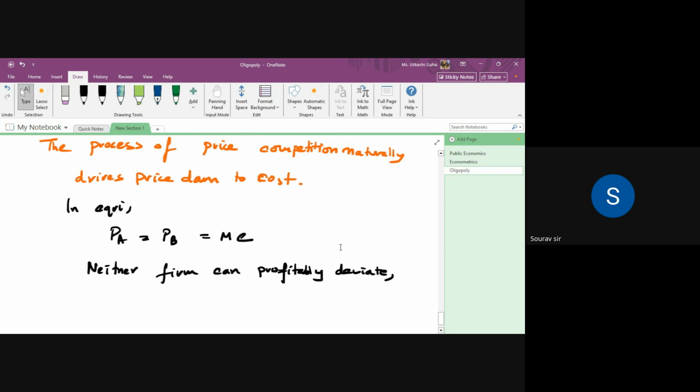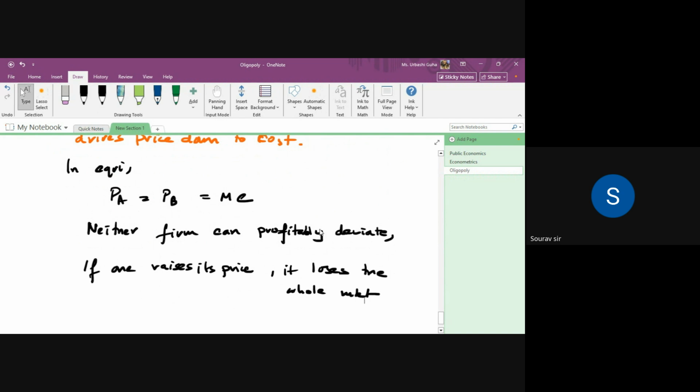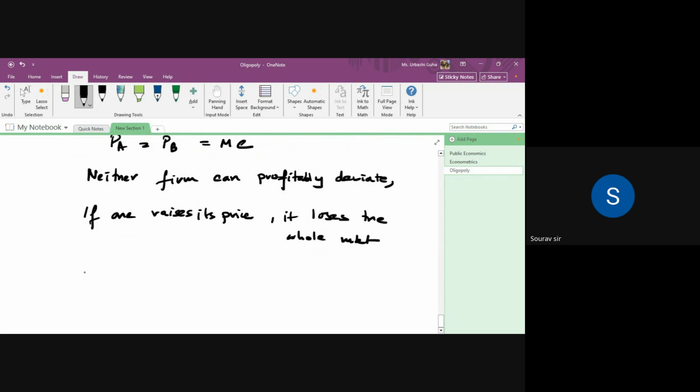Suppose one raises its price, then it loses the whole market. Very common. And if one lowers the price, then it incurs a loss when? If the price is below marginal cost, then it will incur a loss.